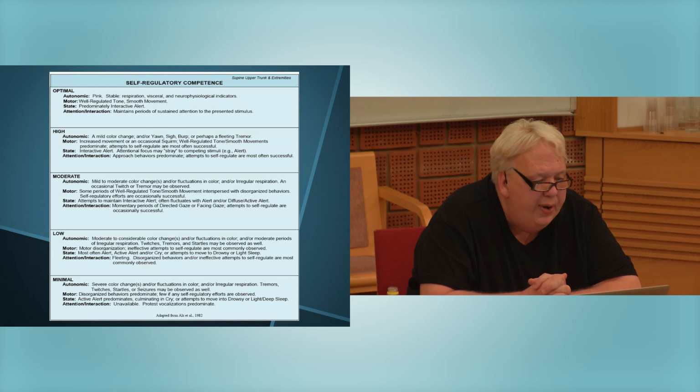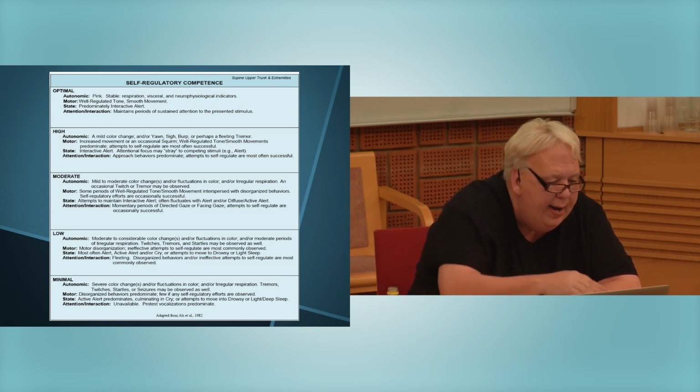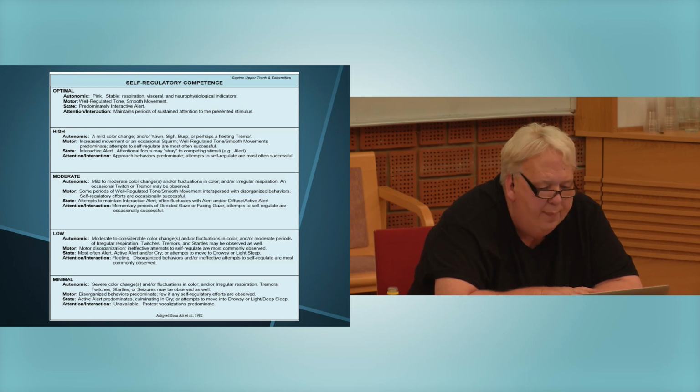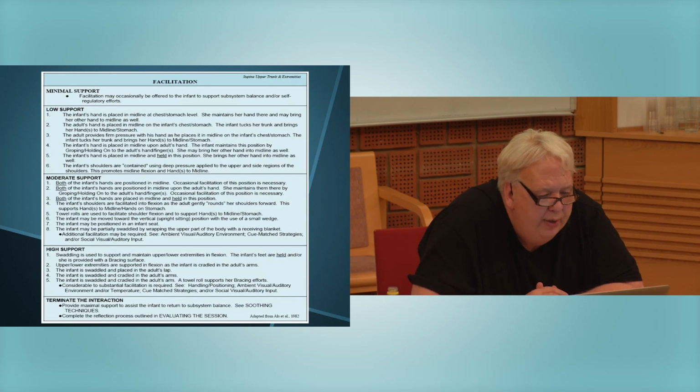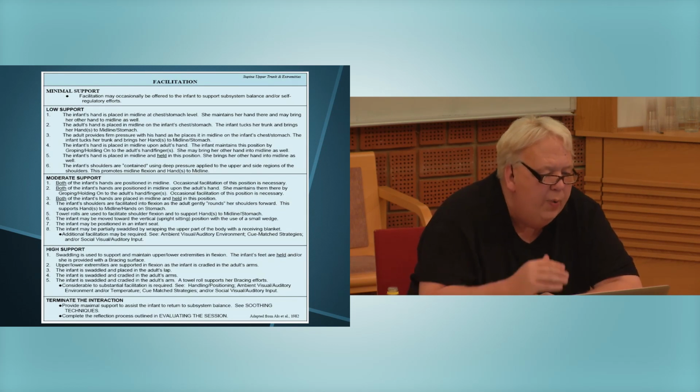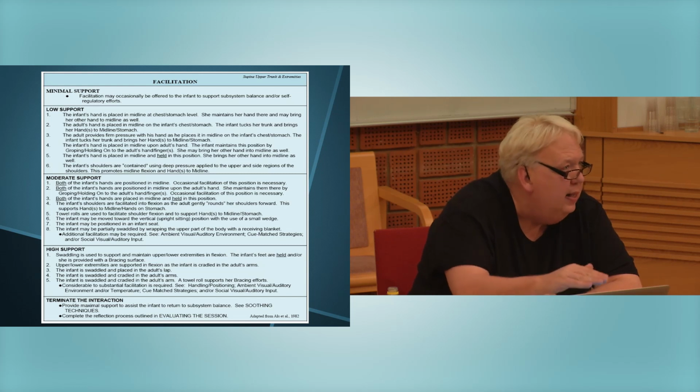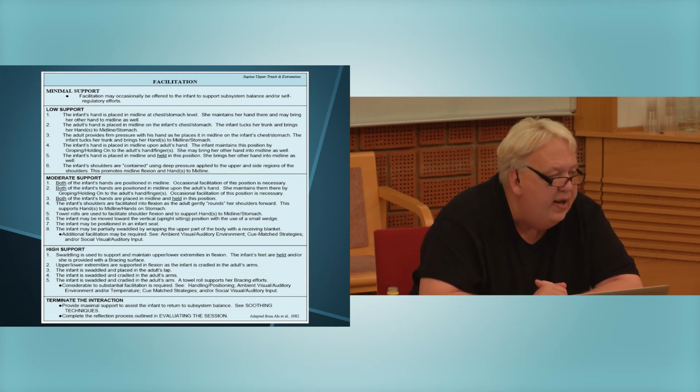This is self-regulatory competence, and we labeled it again: optimal, high, moderate, low, and minimal. On the other side, this is for supine upper and lower trunk and extremities. We have specific strategies that one would offer that baby depending on where they were as far as their self-regulatory competence.